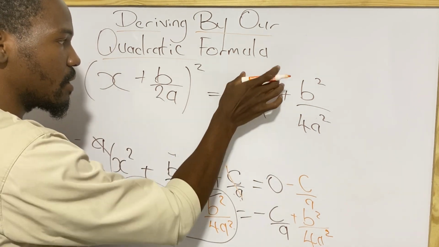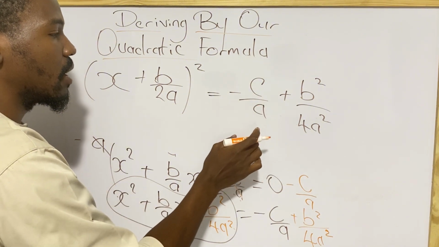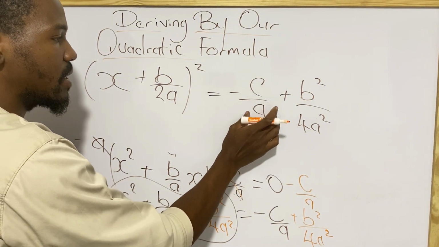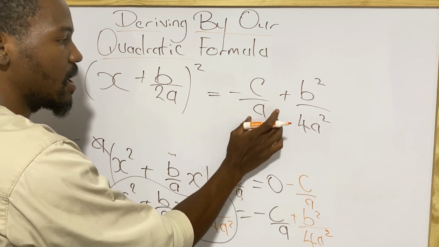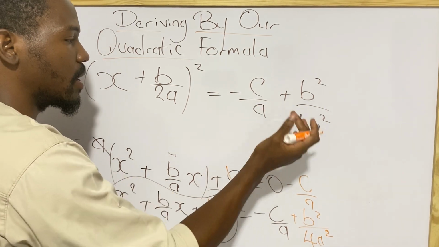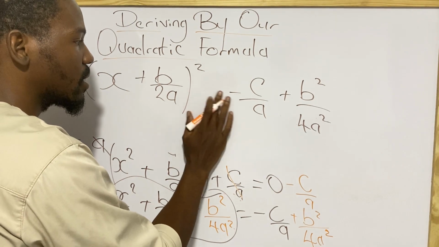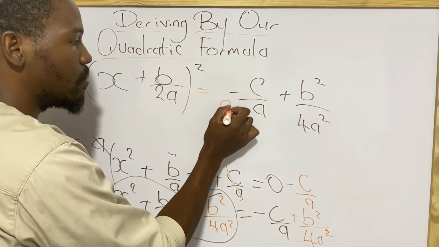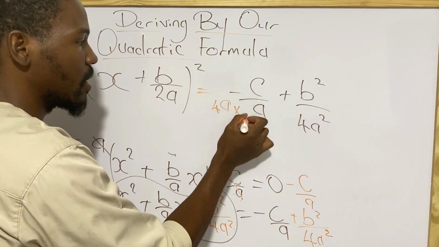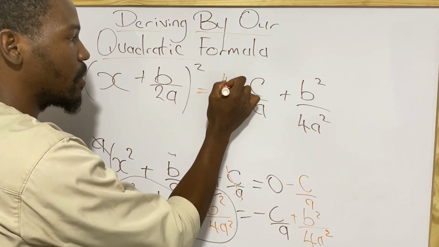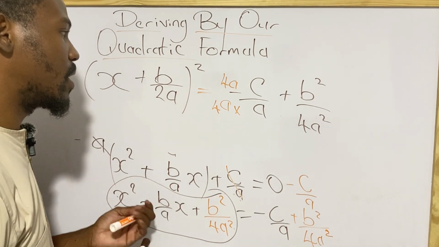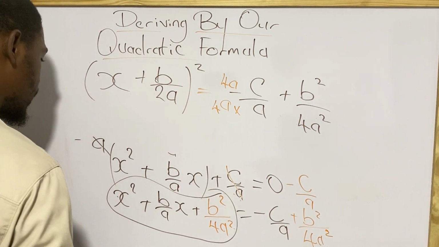If you look here at the negative c over a, we can make this a become 4a squared. In order to do that, we have to multiply this by 4a. And in multiplying the denominator by 4a, we also have to multiply the numerator by 4a. So what do we have?